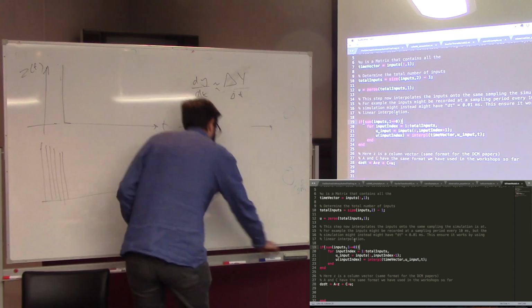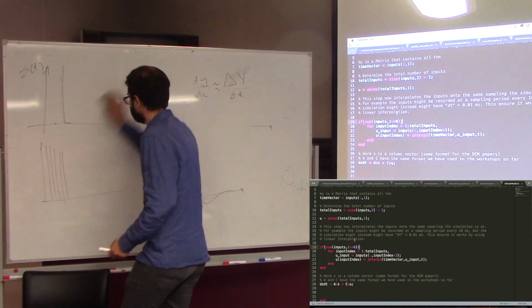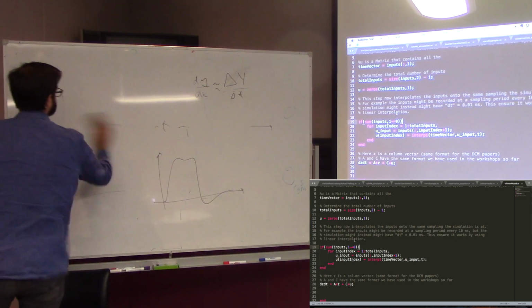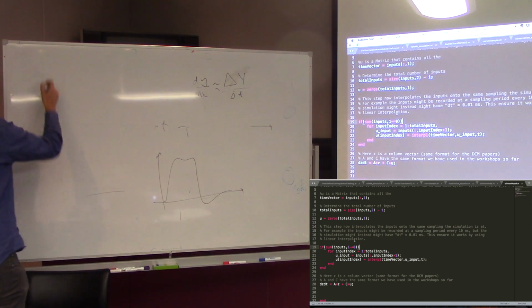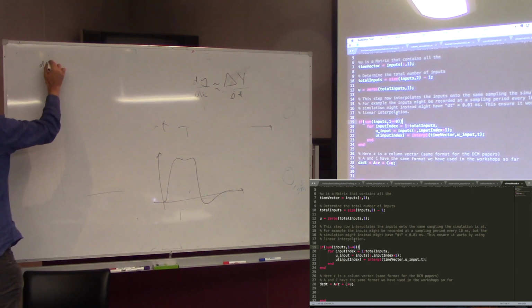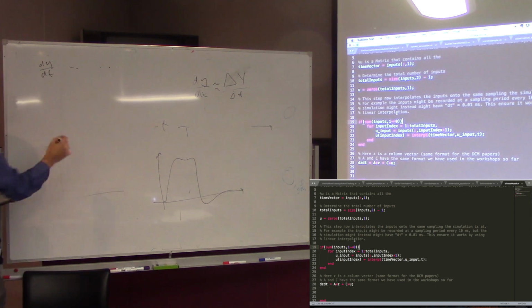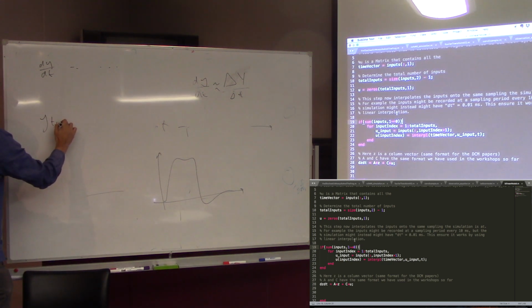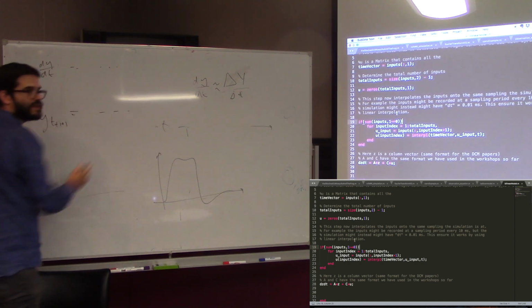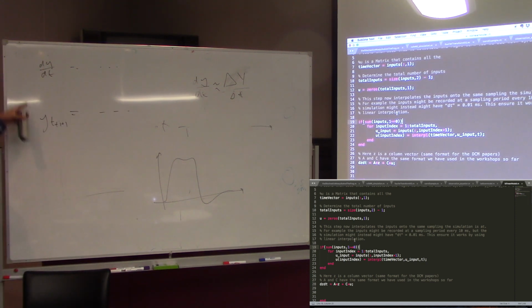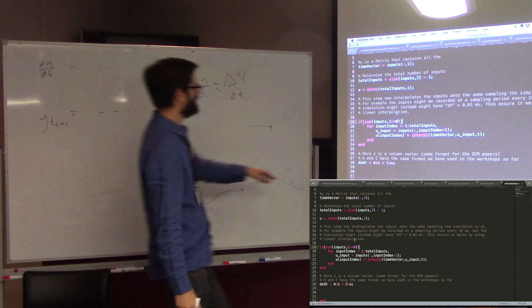Remember, just to get you back into what we did, dy/dt equals something, then we did y of t i plus 1 equals something. So this thing here, translate that into this MATLAB language. You actually calculate in the end the dy/dt.